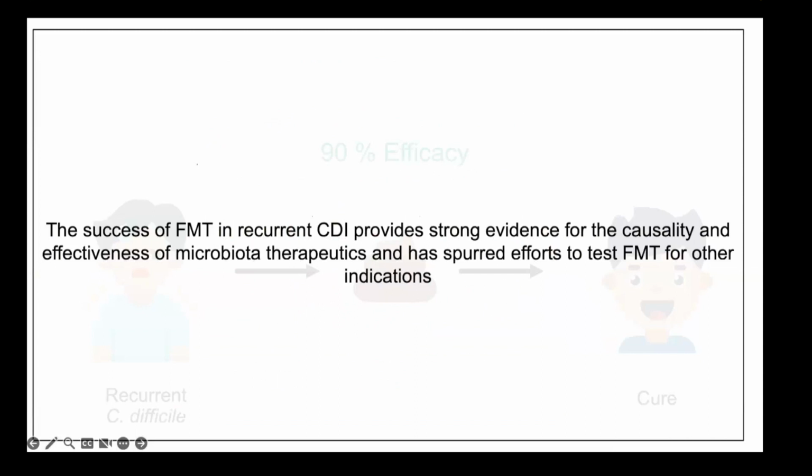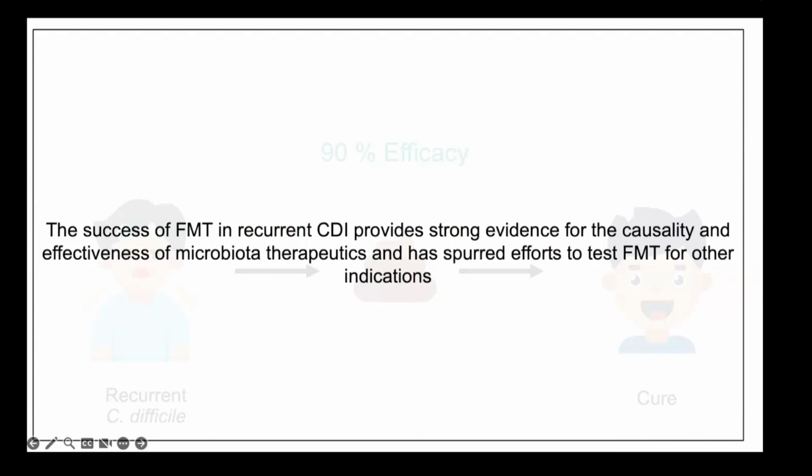Through recurrent C. diff, we've seen the success of FMT, and this provides strong evidence for the causality and the effectiveness of microbiota therapeutics, and has spurred efforts to test FMT for other indications. With increasing use of FMT for recurrent C. diff, the loss of MDRO colonization has been recognized as a collateral benefit in these patients.